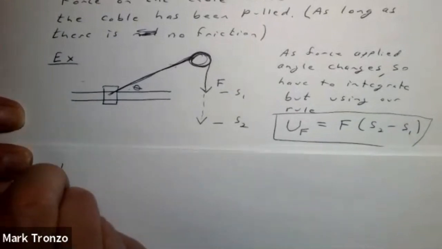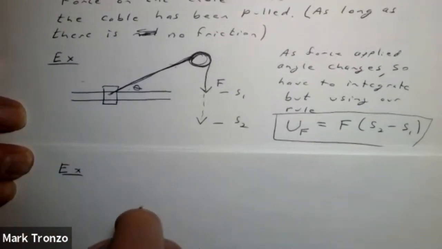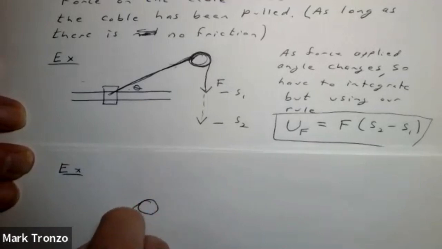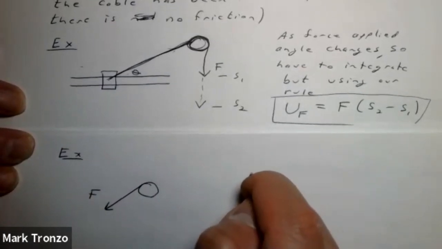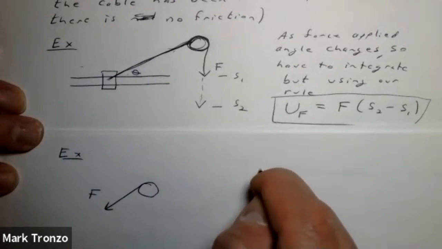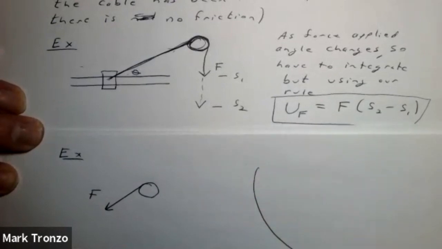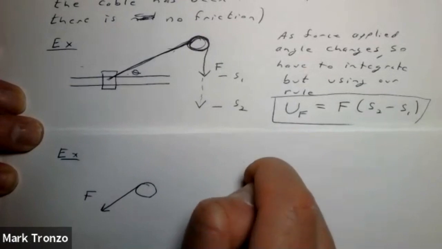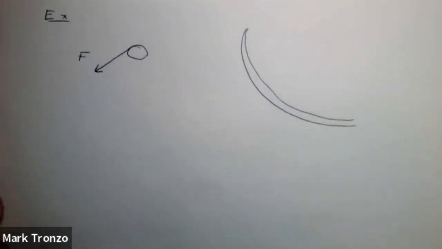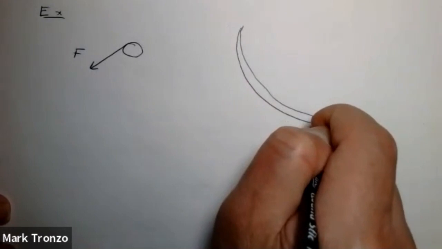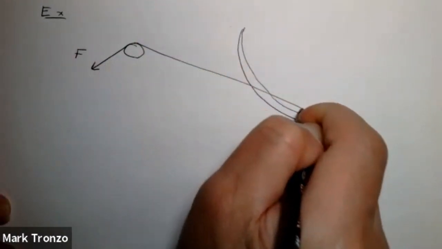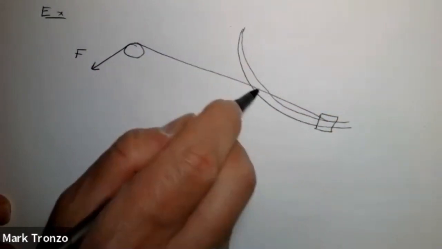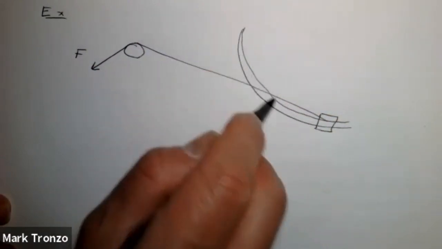You could even have something much more complicated. Say you have something like this, maybe your force is down here, and again we have some kind of a collar going up here, and maybe a collar down here, and this is being pulled over some complicated surface.